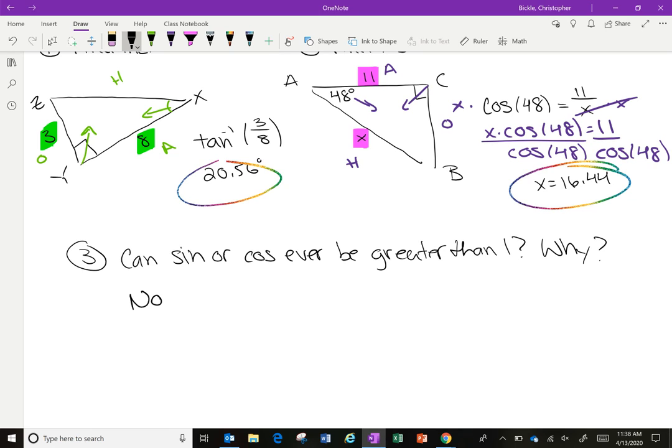The reason being, if you think about a right triangle, there's something called, I think it's called the triangle inequality theorem. I'd have to go back and look at it to be honest with you, but I'm pretty sure that's what it's called. It says that the biggest side is across from the biggest angle.